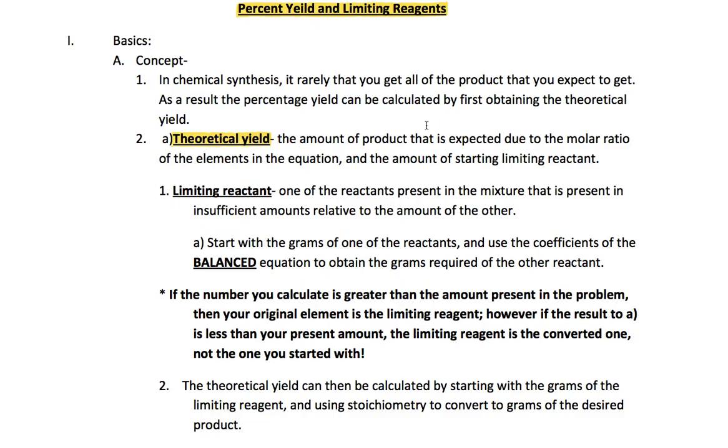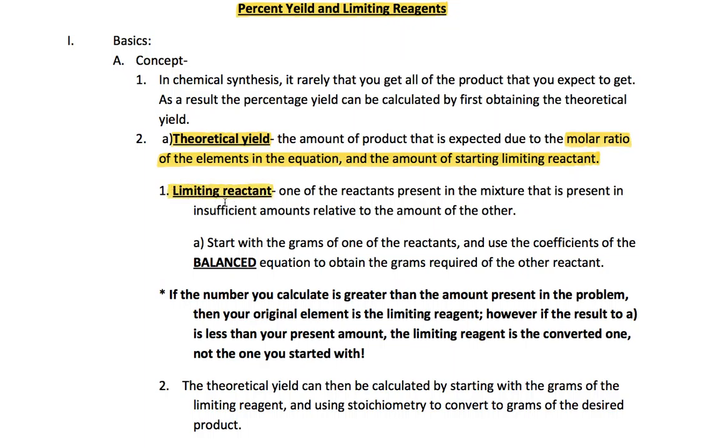It's expected because of the molar ratio of the elements in the equation and the given starting amount of each reactant. One of them will be sufficient in quantity, but the other one will be limiting.